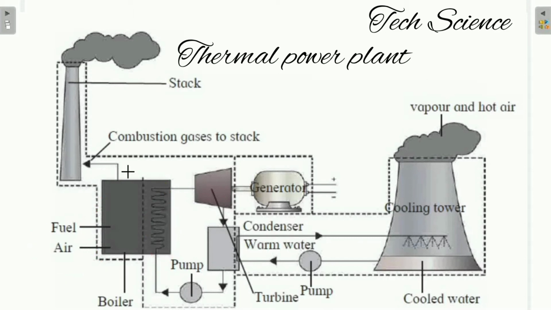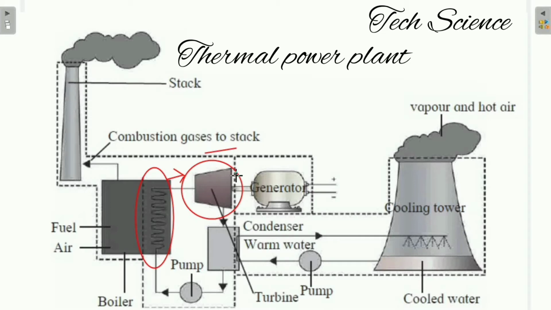Combustion of coal is going on, and finally the water gets converted into steam at high temperature and pressure, and this steam is further provided to the turbine. When the steam, having high temperature and pressure, falls on the turbine, what happens here?